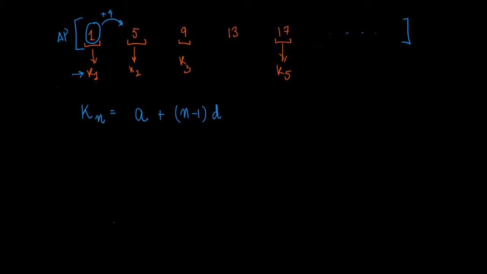Now from whatever I've analyzed before, I know a is 1, and d is plus 4. So the nth term of this AP would be 1 plus (n minus 1) times 4. Now I can solve this a bit more and get 4n minus 3, because 4 times n is 4n, and 4 times minus 1 is minus 4, but you add 1, you get minus 3.